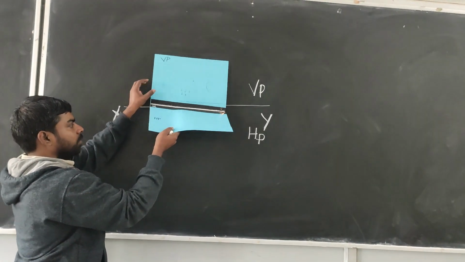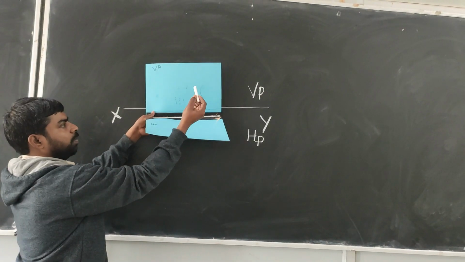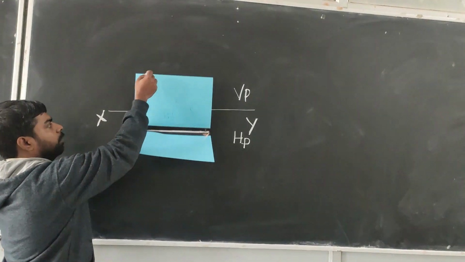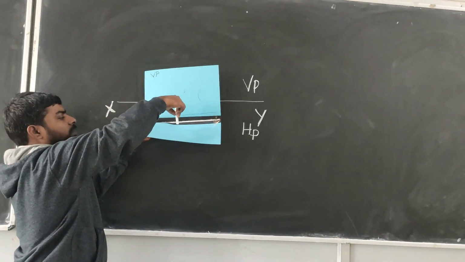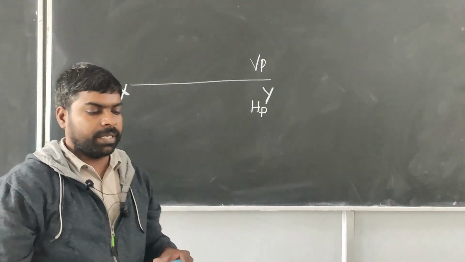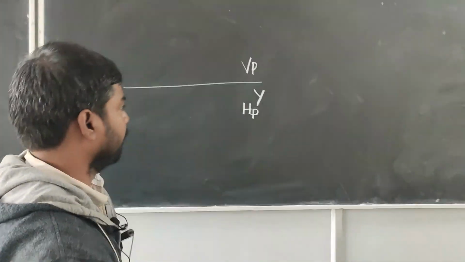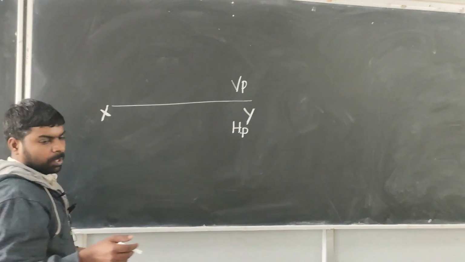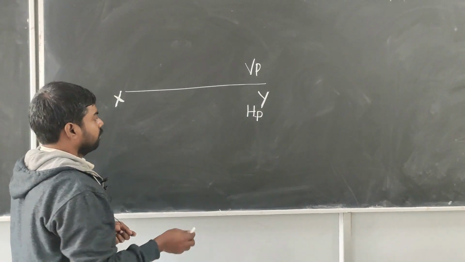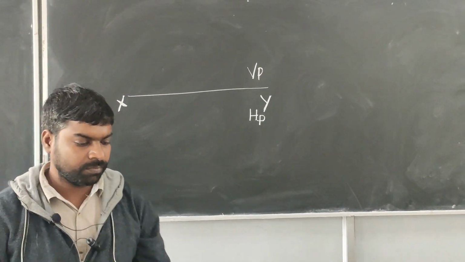As I told, the front view: if any object is placed, suppose the chalk piece is placed like this, whatever projection you get in the front side view will be in VP. From the top side, whatever you see will be in HP, so it will be over here. And remember the location: it's perpendicular to VP, parallel to HP.